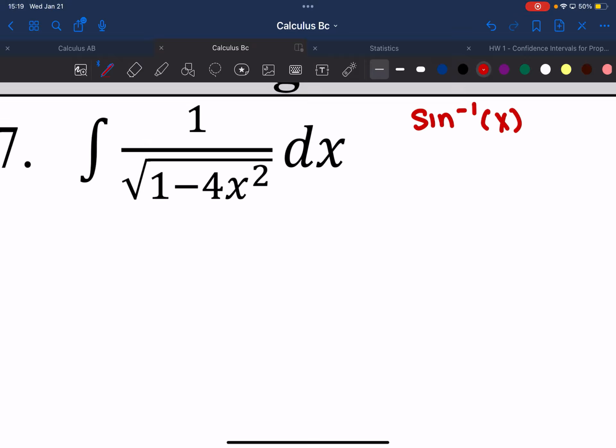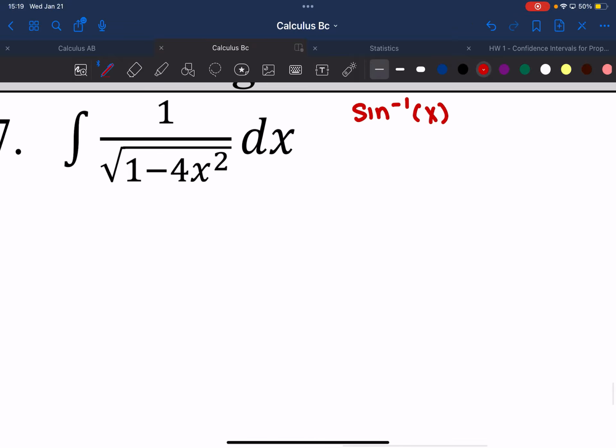I'm going to write this here. What is it? 1 over the square root of 1 minus x squared. Do you see how they're similar? So let's try to rewrite this to look like that inverse sine. Right now we're not doing any u substitution just yet.